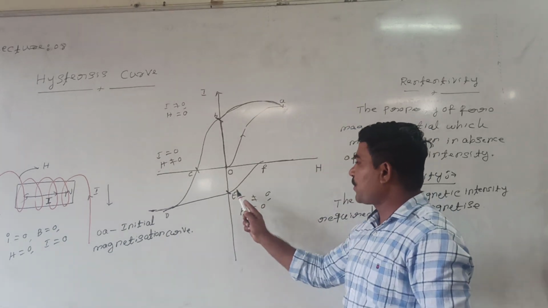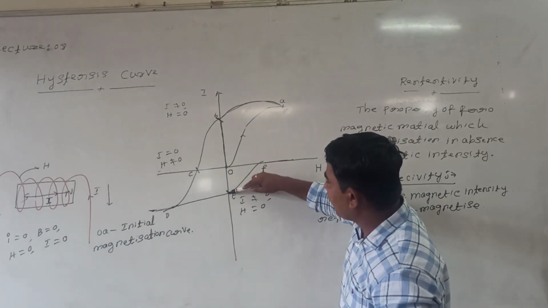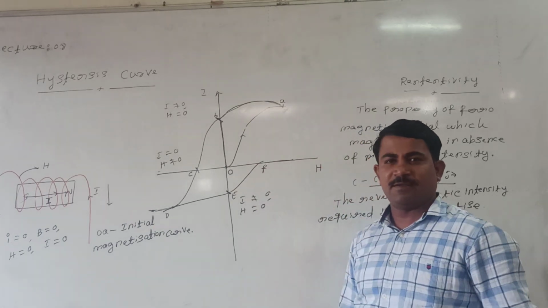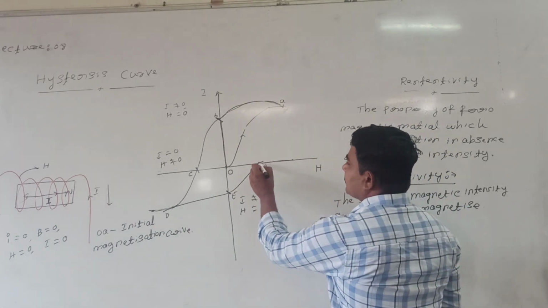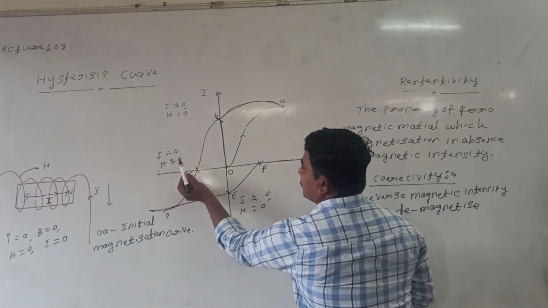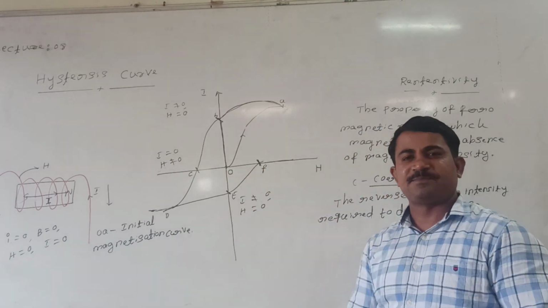So again at this point the material gets magnetized. This property we are calling retentivity. Again at point F, I is equal to 0, and H is not 0. This property we are calling coercivity.